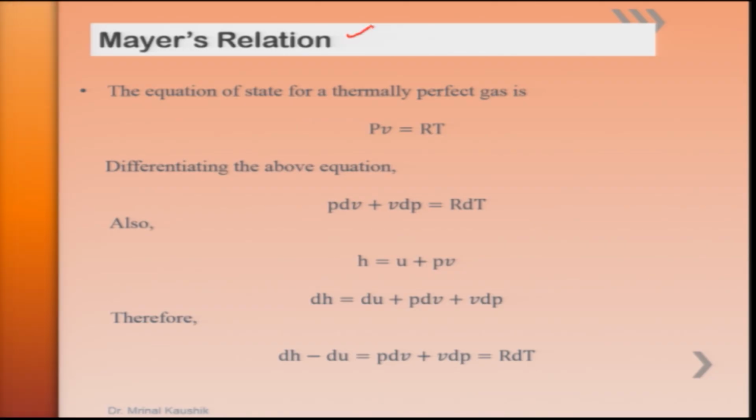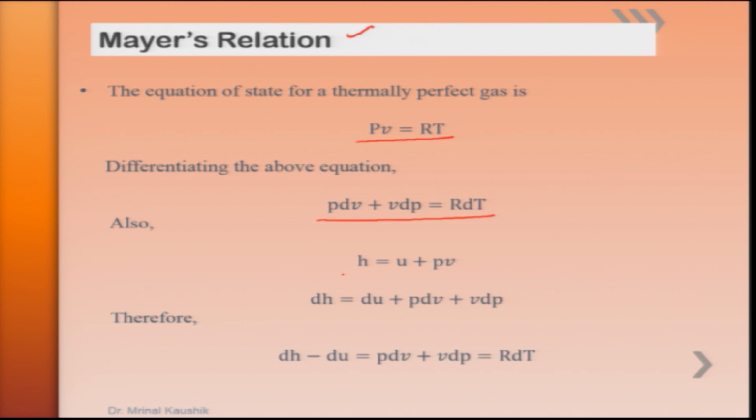Now, let us see Mayer's relation, which we have already seen from the macroscopic point of view. Since the equation of state is PV equal to RT, if you differentiate, we get P dV plus V dP is equal to R dT.